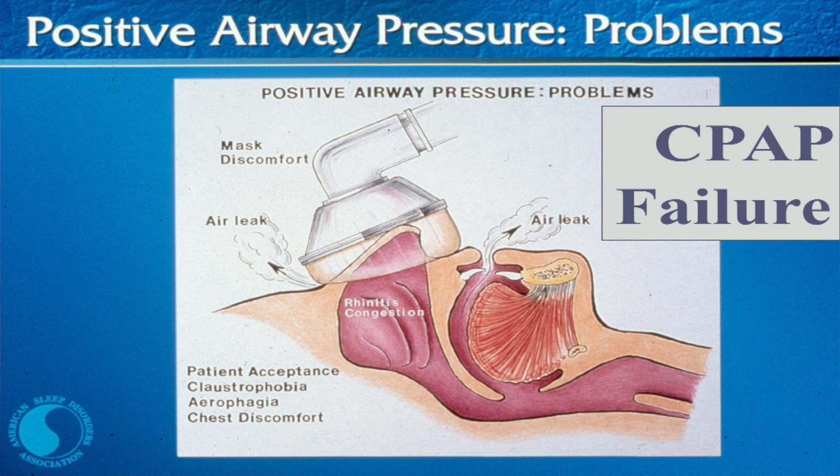But let's say the oral appliance doesn't work, but the CPAP does. Then the patient wears a CPAP. But if the CPAP fails, in other words, they're intolerant to it, they can't stand it, it makes it worse, then you start thinking about doing combination therapy. So you have to have failure of both these therapies in order to consider combination therapy.